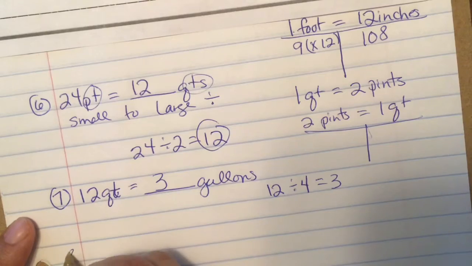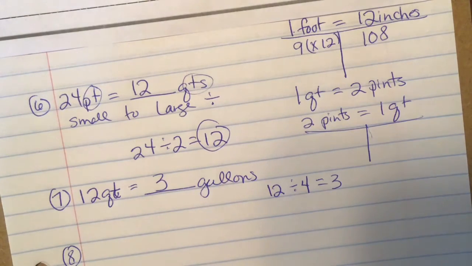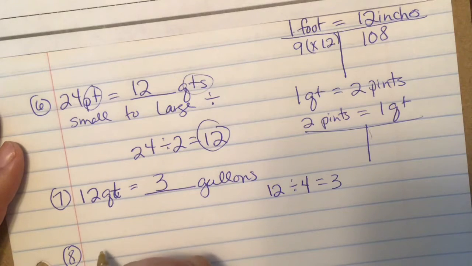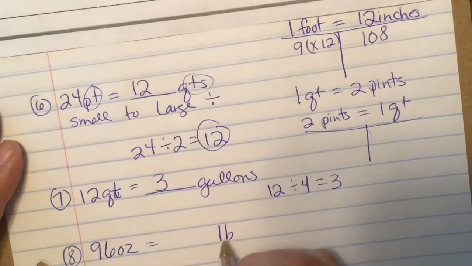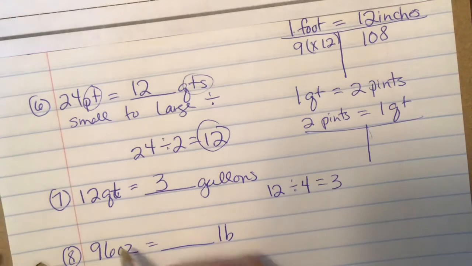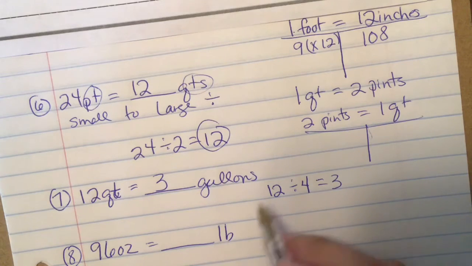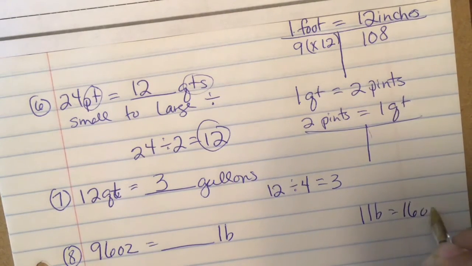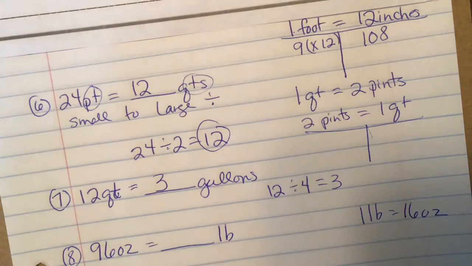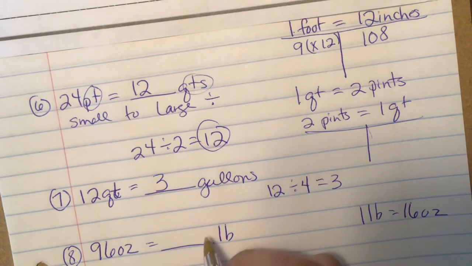Now number 8. I've got 96 ounces, and I want to know how many pounds that is. I'm going from ounces to pounds, so I am going to divide. Now I know 1 pound equals 16 ounces. So I'm going to be doing 96 divided by 16.